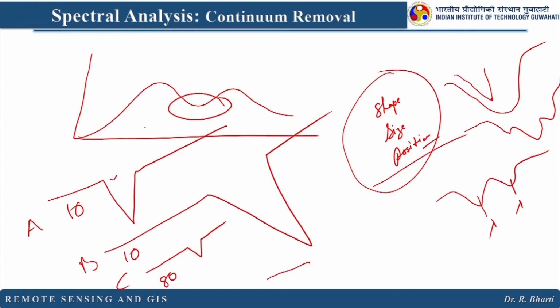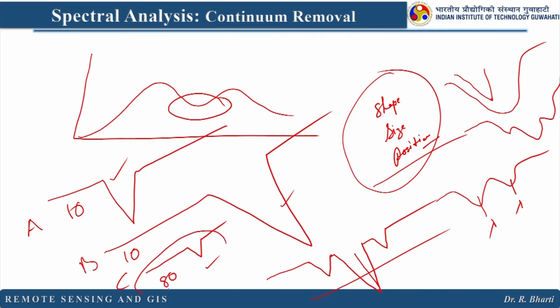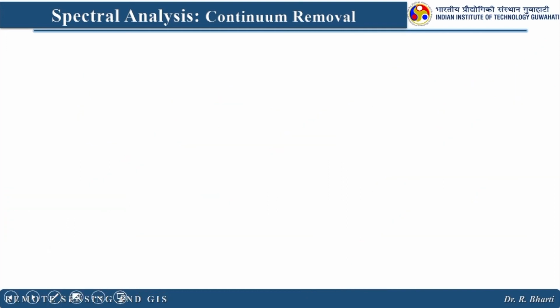This has got 10%, so it will be like this. This has got 80, so it will be like this. This has got again 10, so it will be like this. If you mix them, the more depth will be acquired by this C. Why? Because that has the maximum concentration. So that is why the depth, size and position are very important in this spectral analysis.